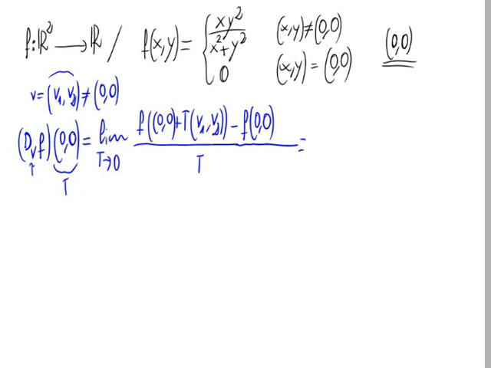This would be equal to, inside here we have 0, 0 plus t times v sub 1, v sub 2.